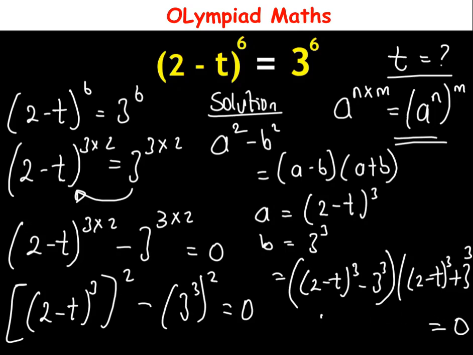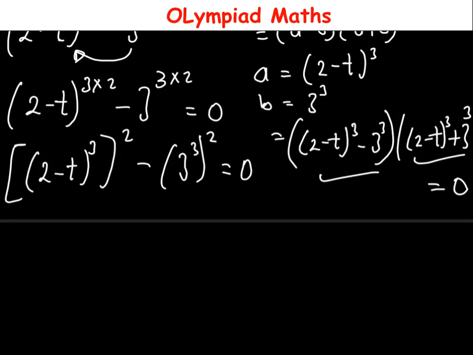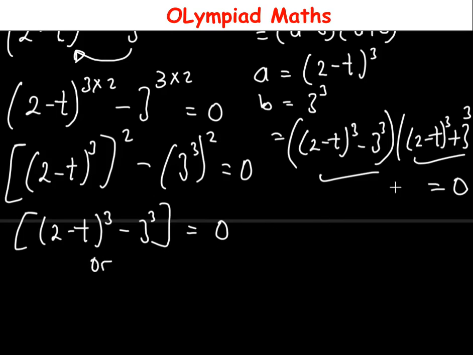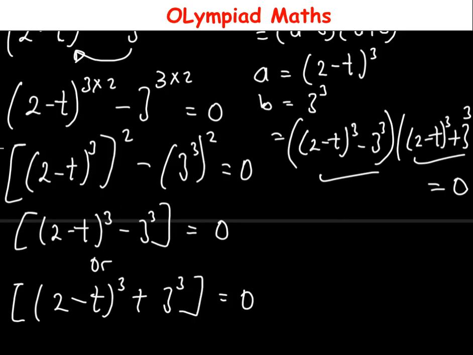Now from here, this can be equal to 0 or this can be equal to 0. So the first one is (2 − t)^3 − 3^3 = 0, or the second one is (2 − t)^3 + 3^3 = 0.